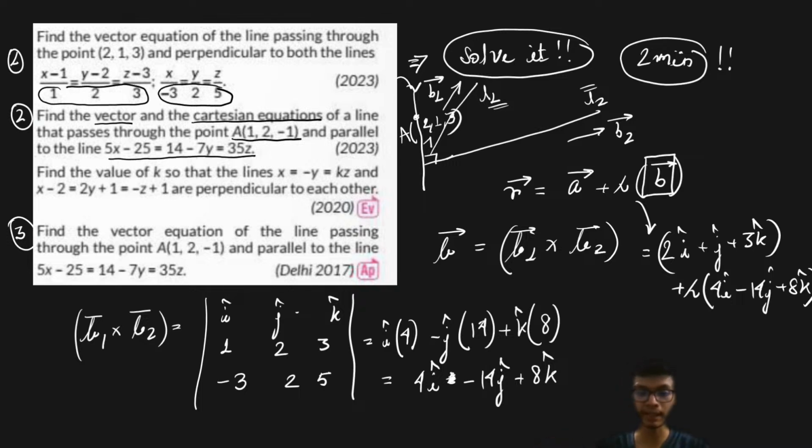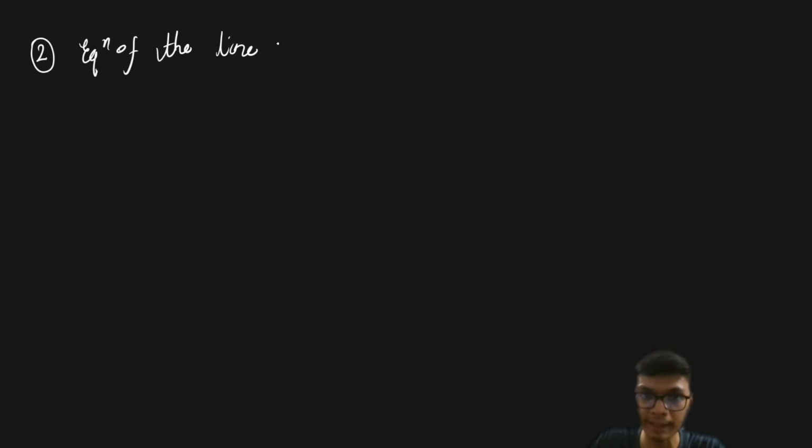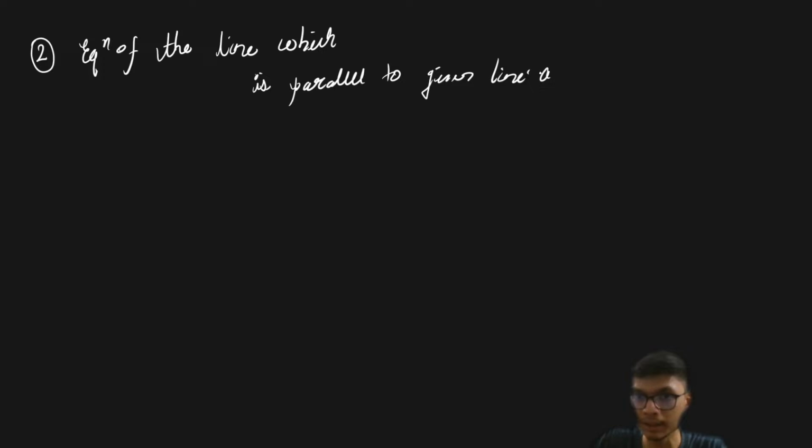So if you look at the given line, I am doing the second page. Equation of the line which is parallel to the given line, basically r vector, okay?